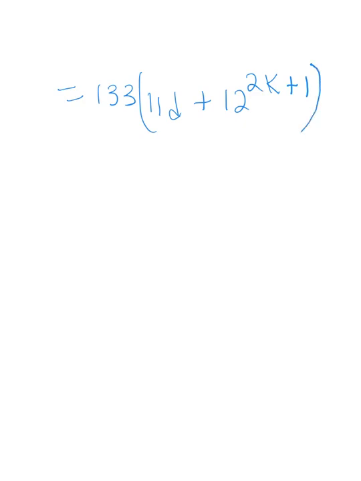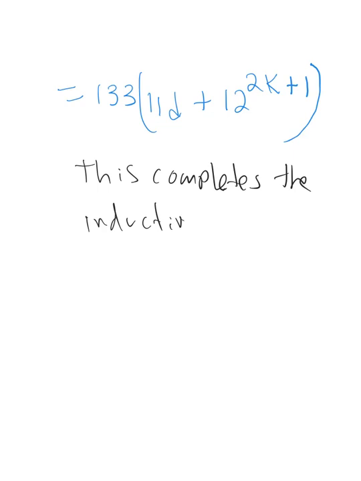So when we are doing the inductive step, which is the k plus 1 case, we see that that case gives us 133 times something. So this is actually what we wanted. We wanted to show that that expression was equal to 133 times something. So we say now that this completes the inductive step and the proof.